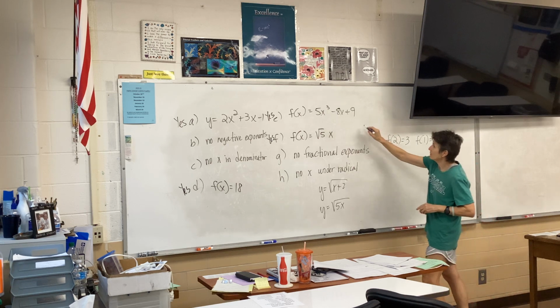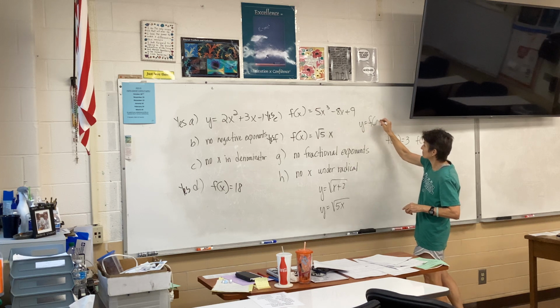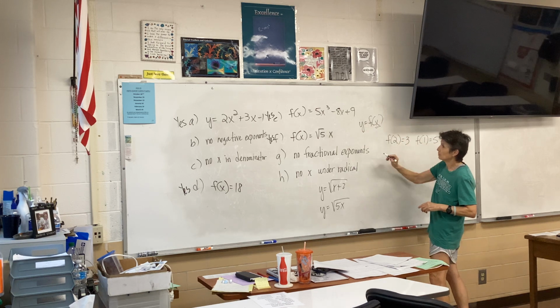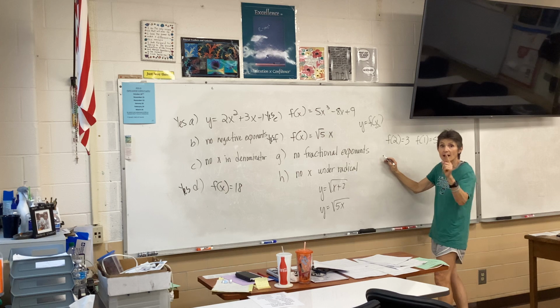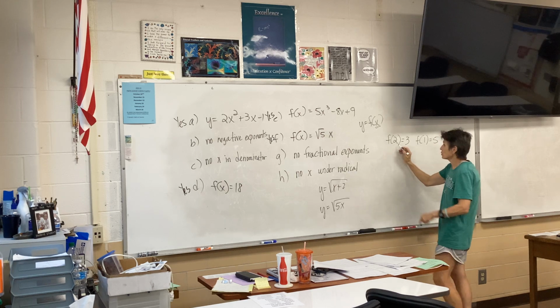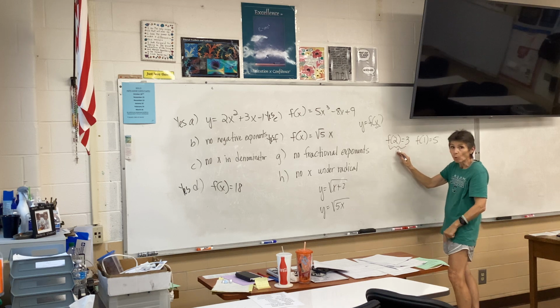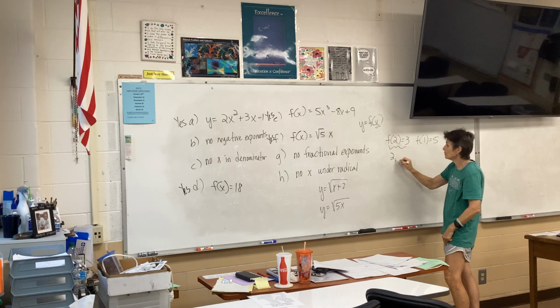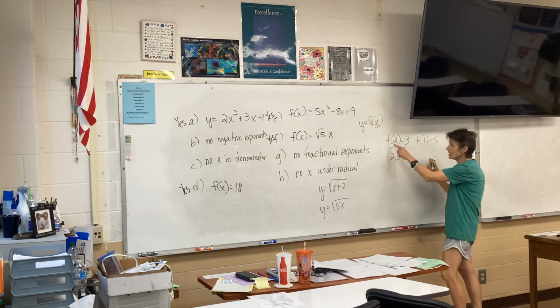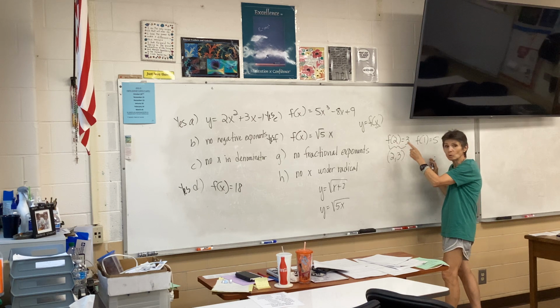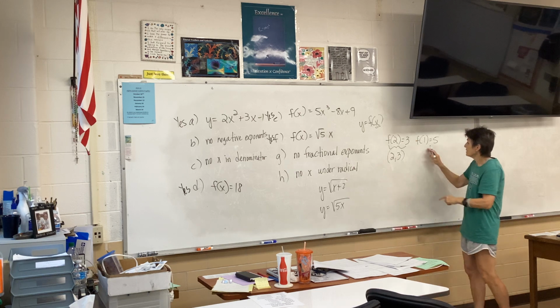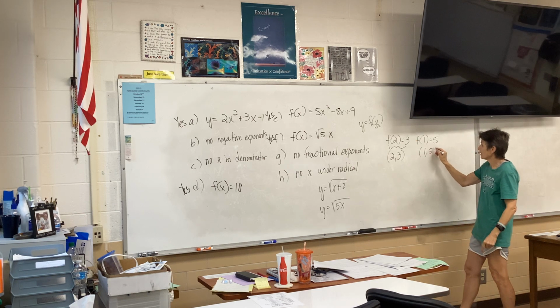Because, remember in function notation, the guy in the parentheses is x, f of x. So x is 2. This is actually the ordered pair 2, 3. It is a fancy mathematical way of writing it, but it literally is an ordered pair 2, 3. This one is the ordered pair 1, 5.